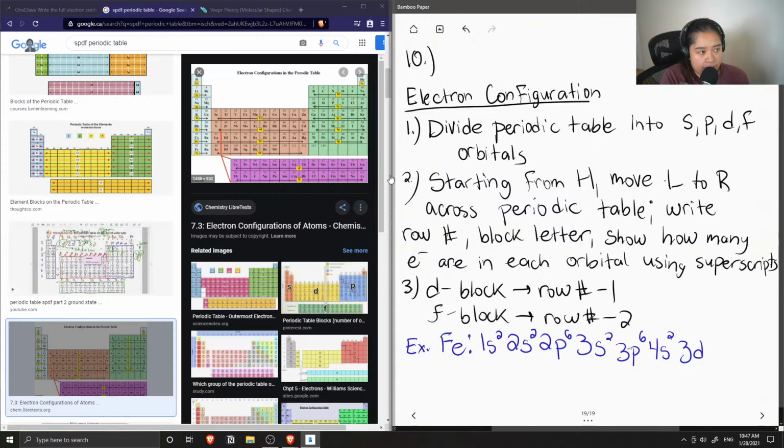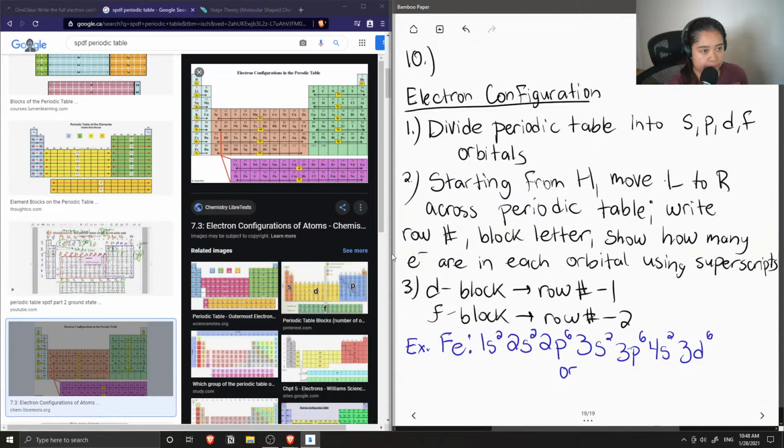So we count 1, 2, 3, 4, 5, 6. So we write 3d6.